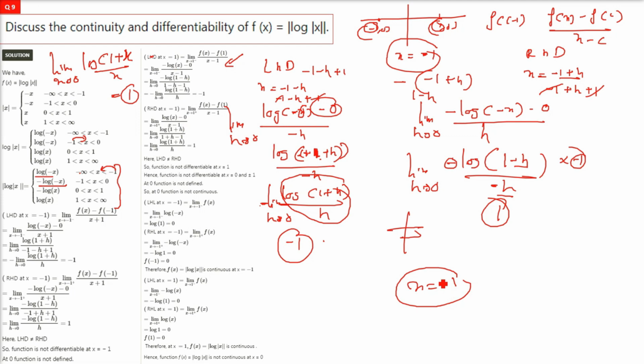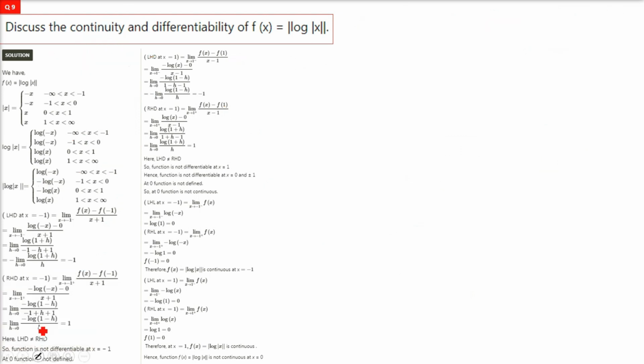Now let us come to the continuity. So continuity also you have to check at negative 1 and 0. But the problem is log 0 is not defined. So you just have to check at negative 1 and 1. So let us check at x equals to minus 1 or 1.